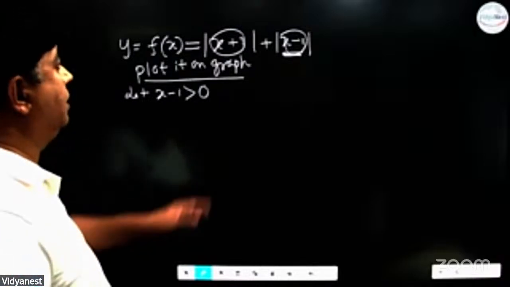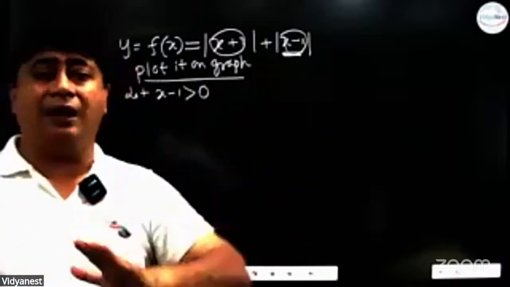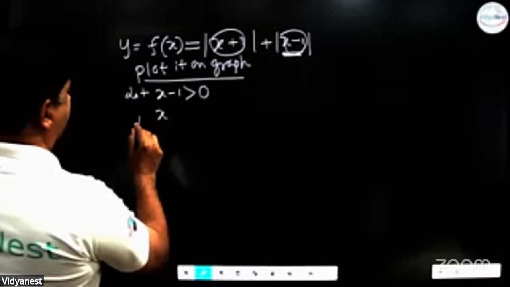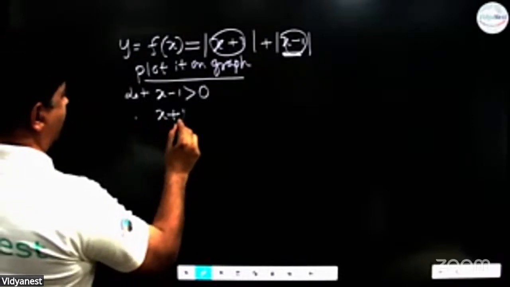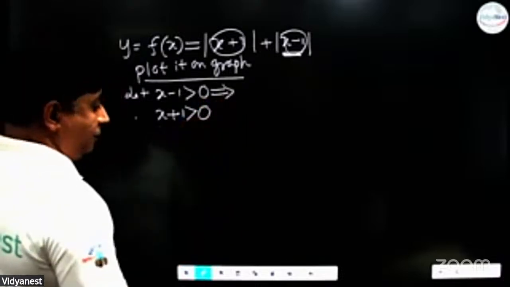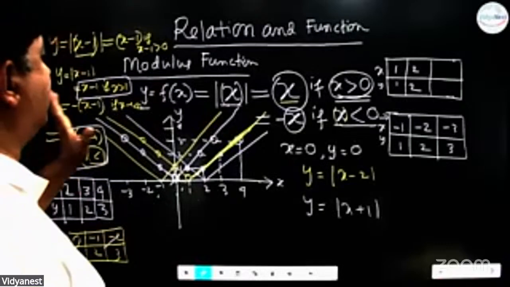Okay, smaller number positive means, can it be possible greater number negative? No. So greater number must be positive, sorry. So if positive, then what property we have just discussed?